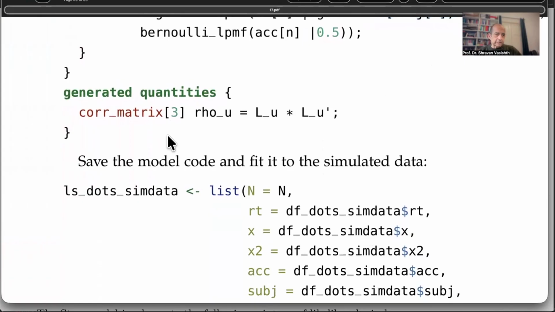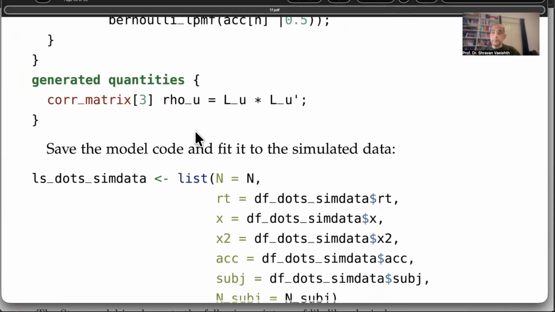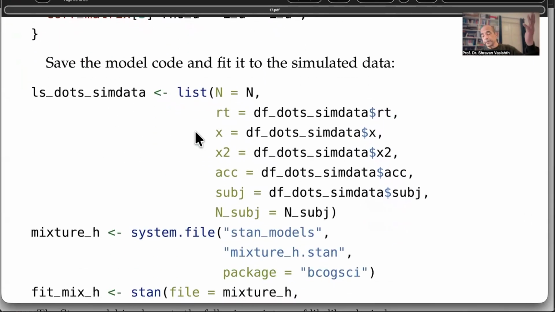Then in the generated quantities, you can pull out the row U's, the three posteriors for the row U's, by just taking the Cholesky factor, which is actually a parameter in the model because a prior is specified for it. You can use it to convert to the correlation matrix, and then look up the posteriors of the three correlations there that are informed by the data.